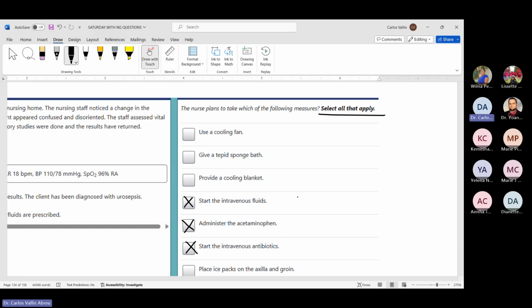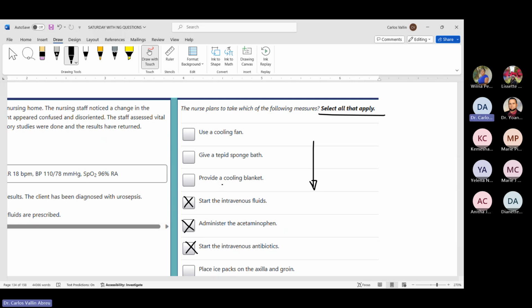The other interventions that we see here are oriented to lower the temperature. It's important that when we lower the temperature, we avoid the chills, the rigor of the chills, because it is going to be very uncomfortable and is going to produce more fever.